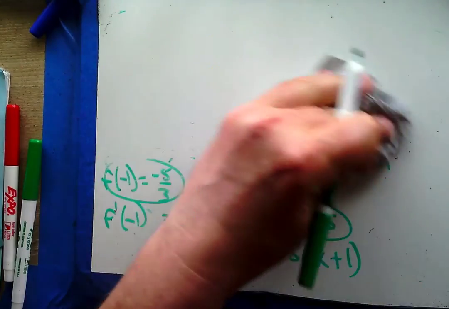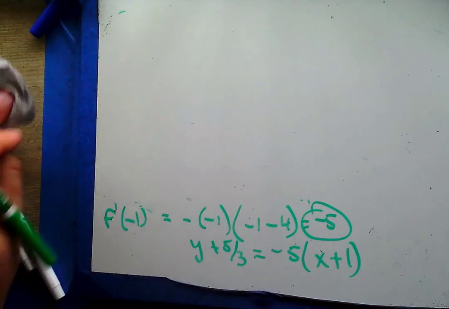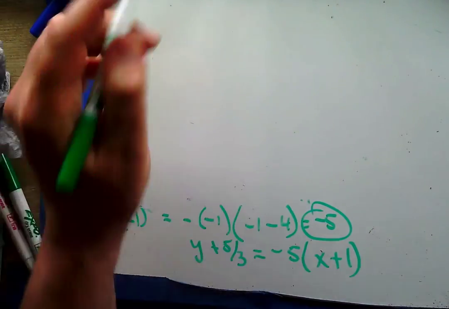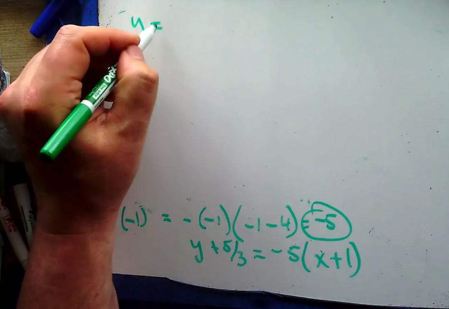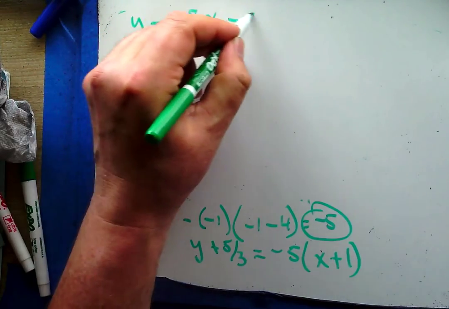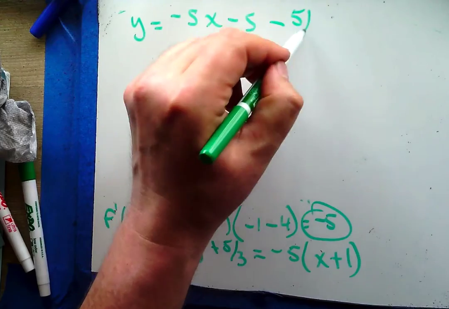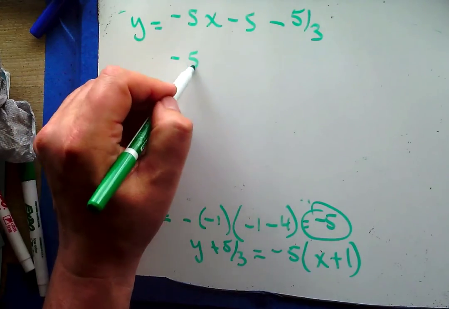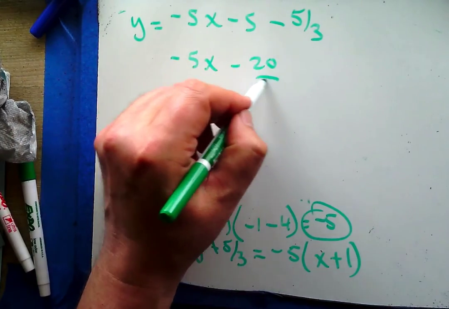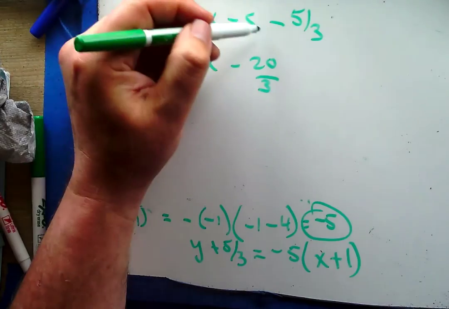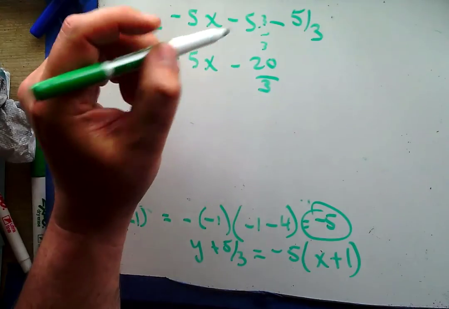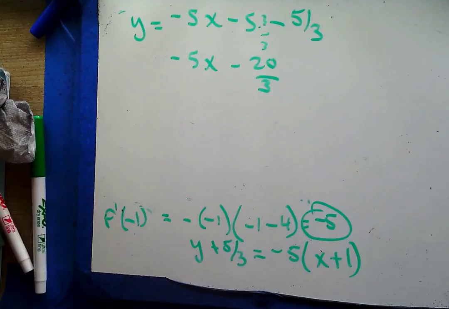But wait, we were supposed to find the x and y intercepts of this tangent line equation. So y equals -5x minus 5 minus 5/3. So that's -5x minus 20/3. I multiply top and bottom here by 3/3 so that I have a common denominator.